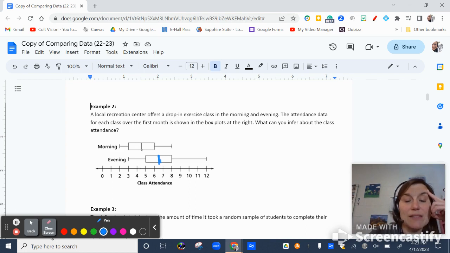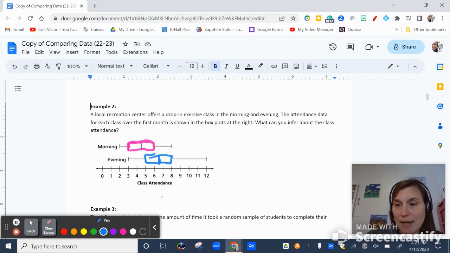Whereas in the morning classes, only 50% is more than 4.5, more than 4. If I look at the data cluster, this middle 50%, on average, the typical classes there have a class attendance of between 3 and 6 people, whereas this middle group has a class attendance between 5 and 8.